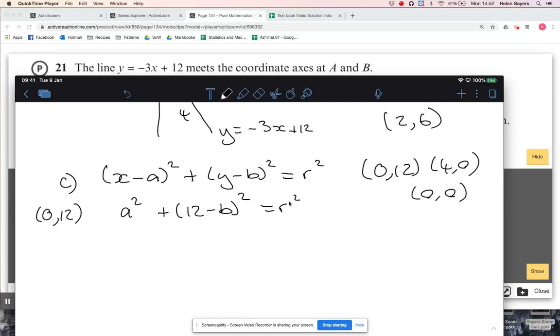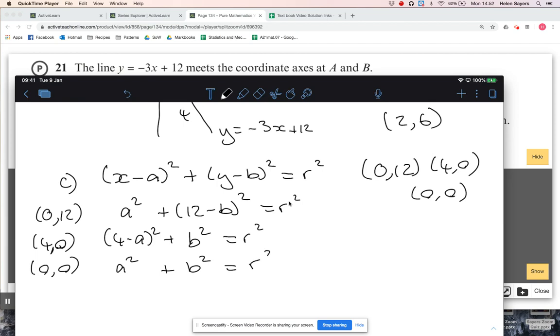So if I do 4, 0, I will have 4 minus a all squared plus 0 minus b all squared, which is just b squared. And then 0, 0, so 0 minus a all squared is just a squared, 0 minus b all squared is just b squared, and that equals r squared. So these are my 3 equations. 3 equations, 3 unknowns, so we will be able to solve it.